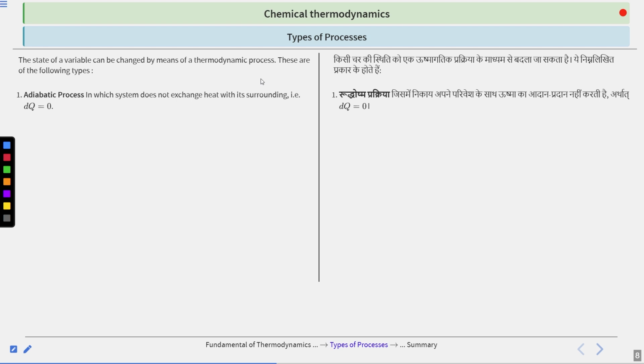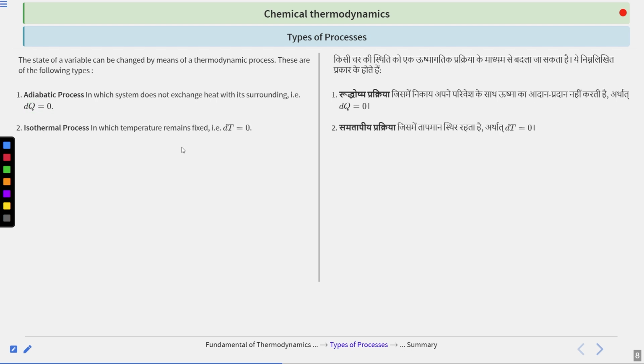If you do work adiabatically, you are keeping the heat supply zero. That is called adiabatic. So Q will be equal to 0, or dq, the amount of heat transferred, is 0. There is no amount of heat being transferred in the adiabatic process.